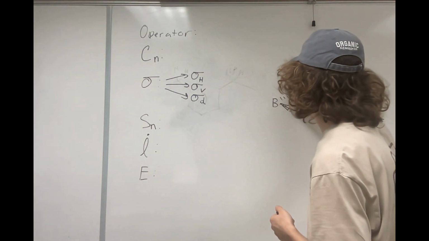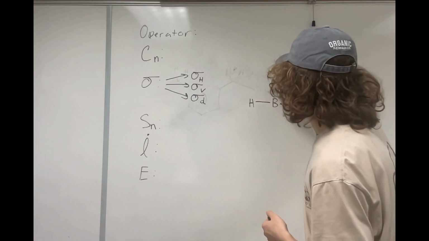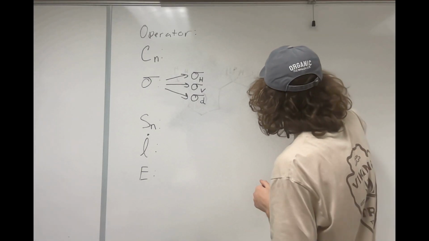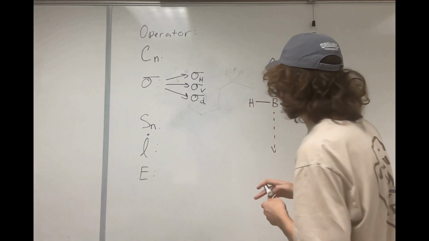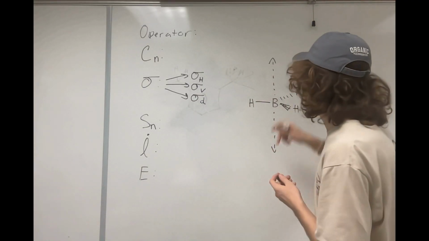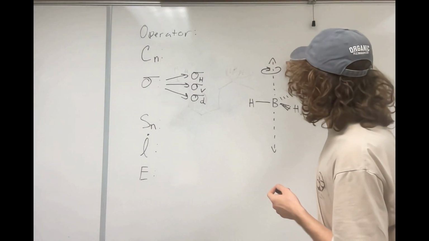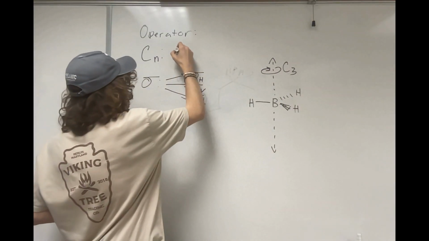So if I draw this here, and imagine we have a little pole sticking out the top. If we rotate around this axis, we're going to call this C3 symmetry.